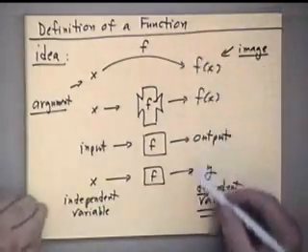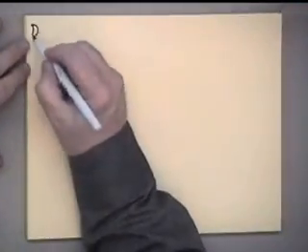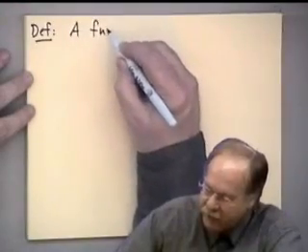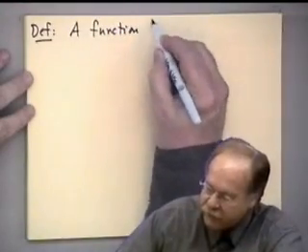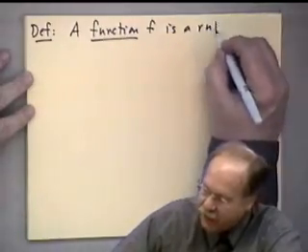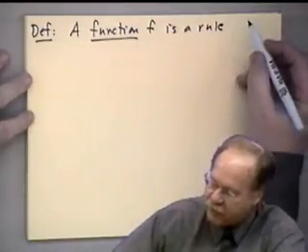So, with that in mind as a reminder of the idea, let us go ahead and write down the proper definition of a function and use that from here on. So a function, f, is a rule of some kind that has to satisfy a certain property.